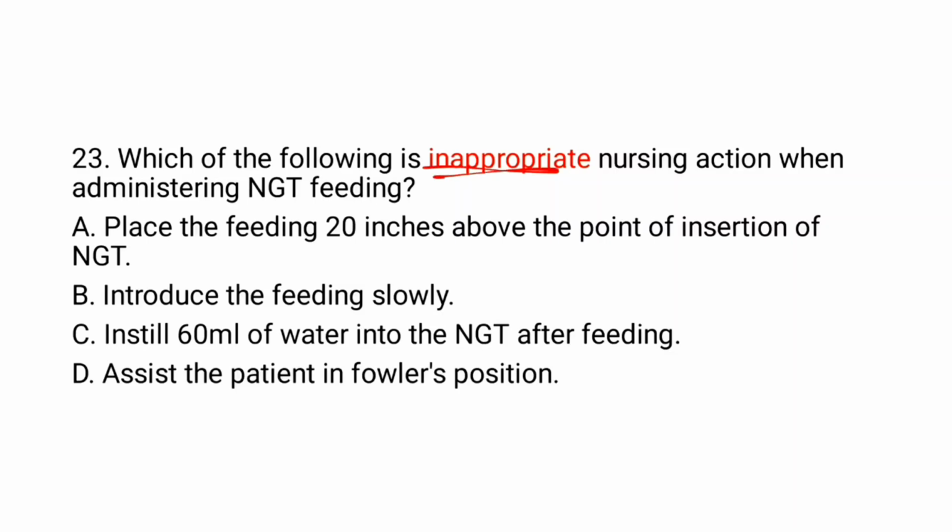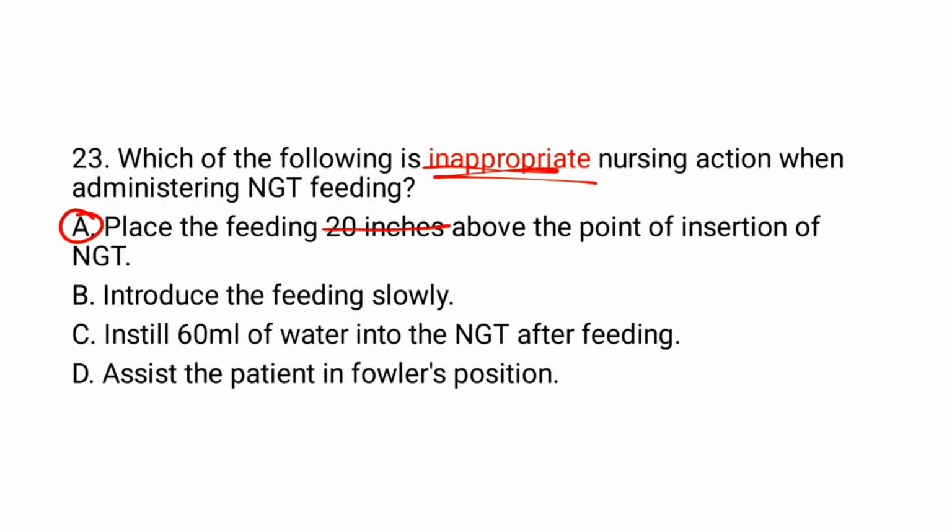Next, number 23. Which of the following is an inappropriate nursing action when administering NGT feeding? A. Place the feeding 20 inches above the point of insertion of NGT. B. Introduce the feeding slowly. C. Instill 60 ml of water into the NGT after feeding. And letter D. Assist the patient in Fowler's position. So, negative answer po ang hahanapin natin. The correct answer here, the inappropriate nursing action, is letter A. Place the feeding 20 inches above the point of insertion of NGT.